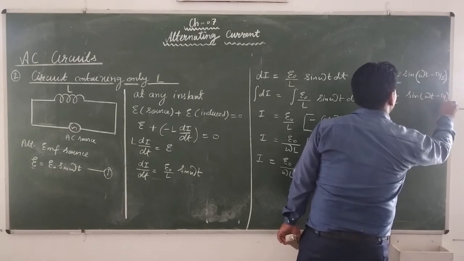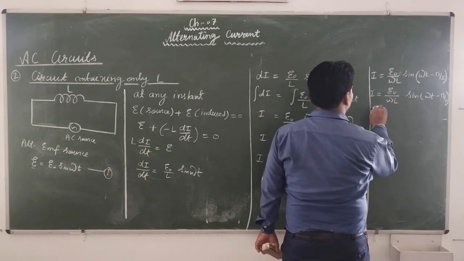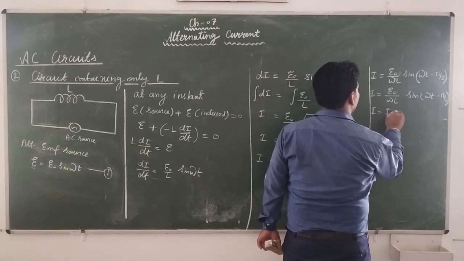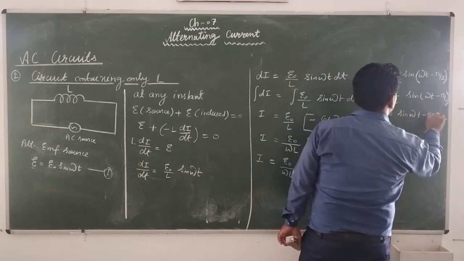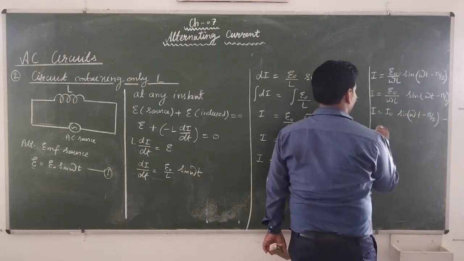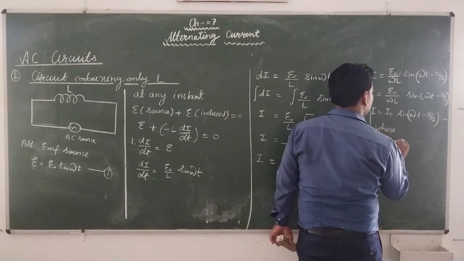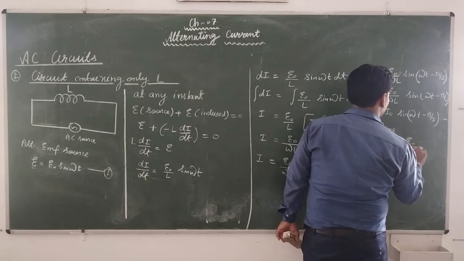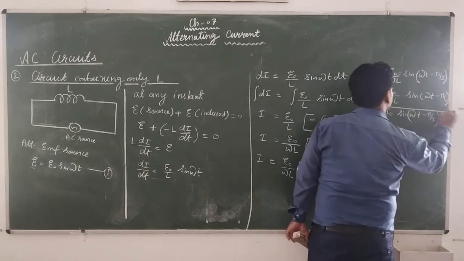But the standard equation of current is I is equal to I naught. So here I am going to say that I is equal to I naught sin omega t minus pi by 2, where I naught is equal to what? E naught upon omega. Okay.